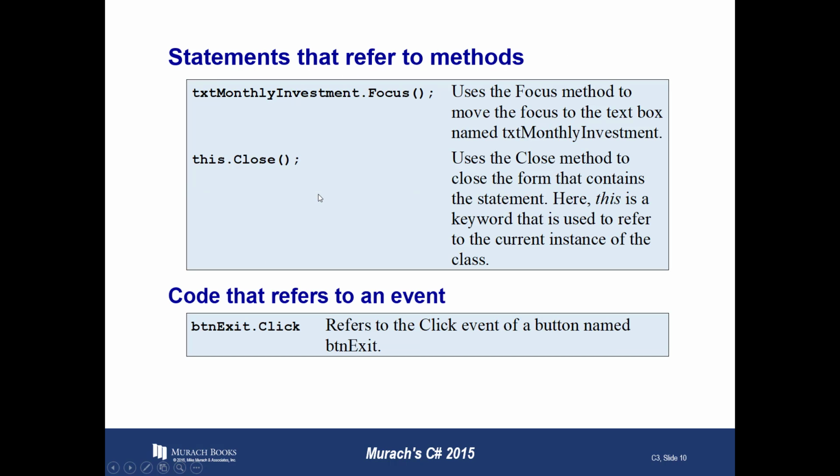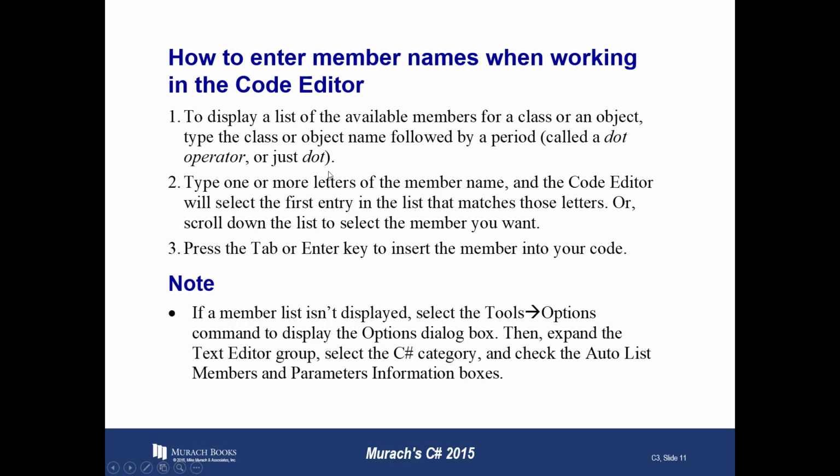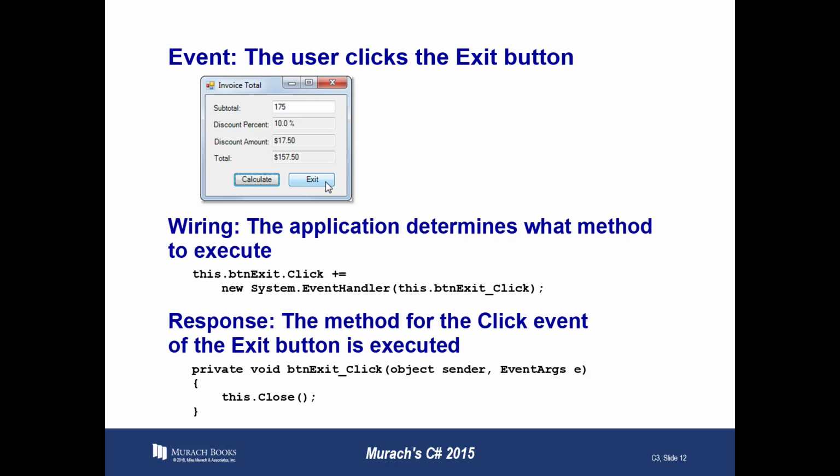Again, you'll see this more and more as we go through it. We'll have methods like a focus method, which means that we want to be able to move the cursor someplace. Close, if we want to close a form. How to enter member names when working in the code editor? Well, you're going to see these in just a minute. We're going to start putting in code.